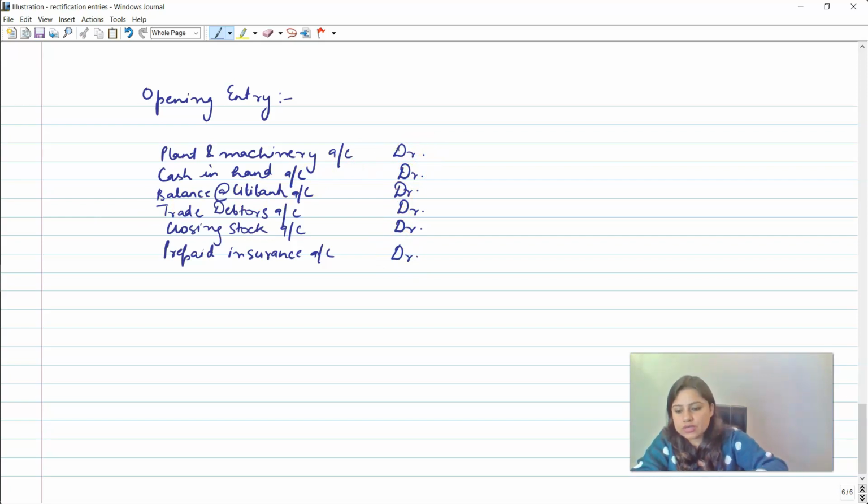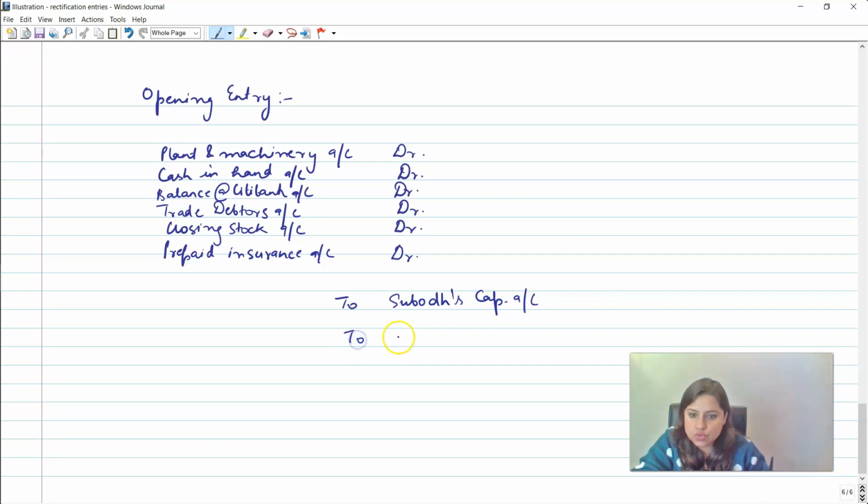So now, prepaid insurance, and now coming to the credit balances, and then we will list down the amounts. So to Subodh's capital, because it is the owner's equity. Then we have to the loan.